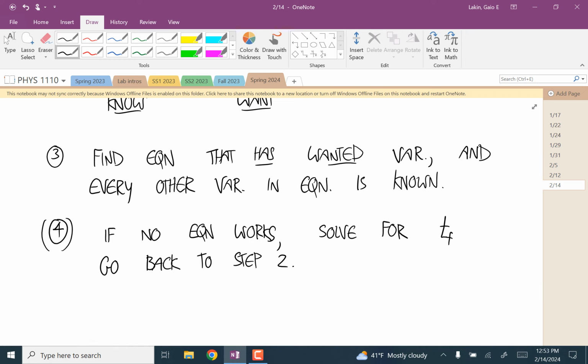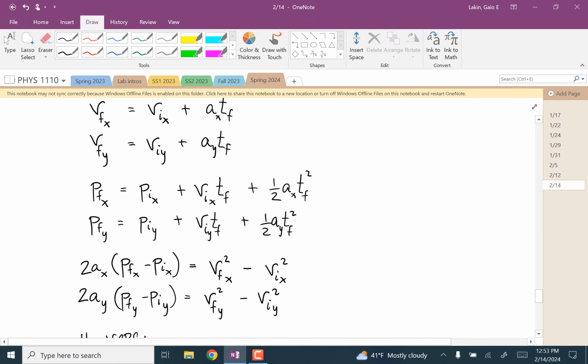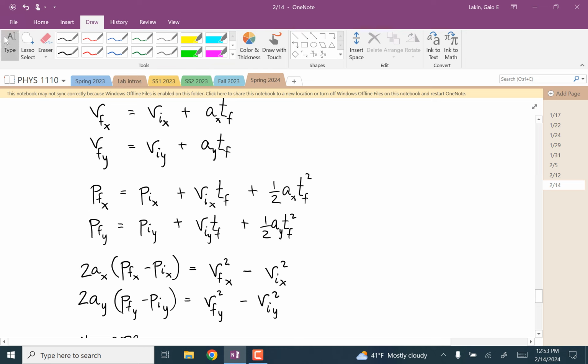And I want to show you why time final is such a useful variable to know in 2D. If you look at these 6 equations, notice that x variables never show up in the y equations and vice versa. Okay? The only variable that appears in both x equations and y equations is time final.